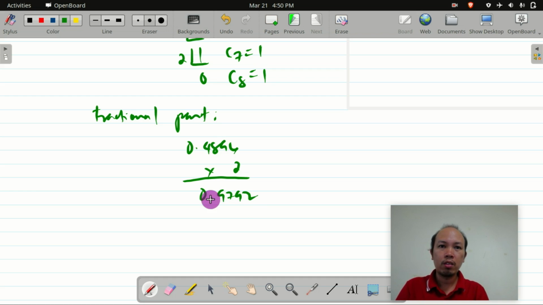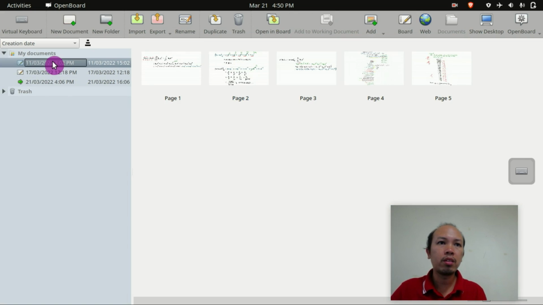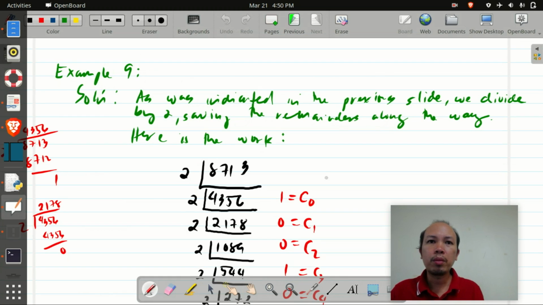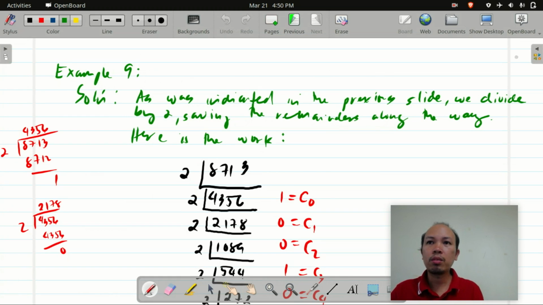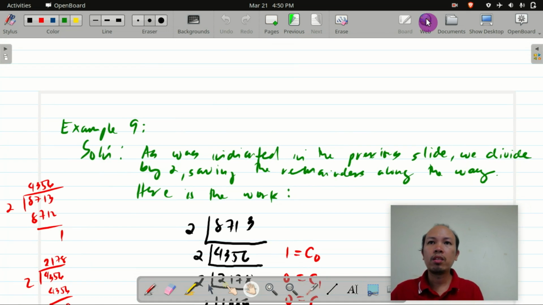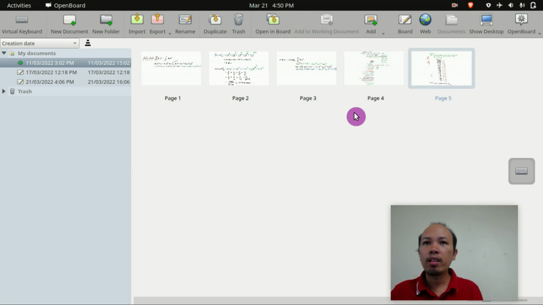Okay, and this is, if you recall, our documents. Where are you? This one here, maybe this one, page 5. Am I right? Not this one. How about this one here?